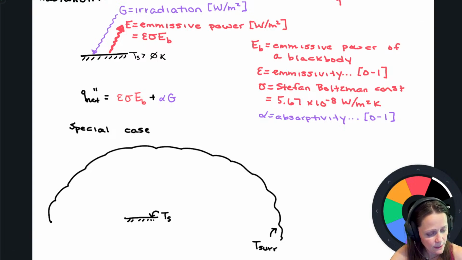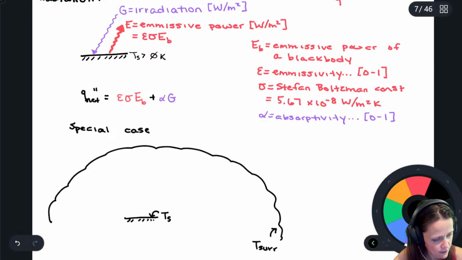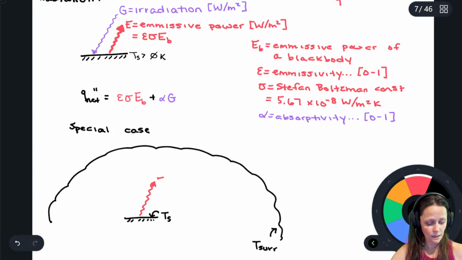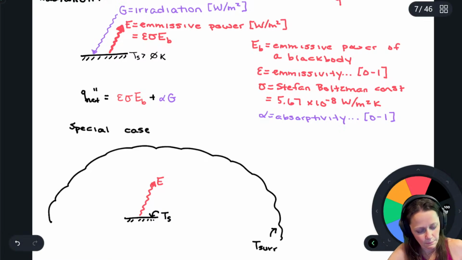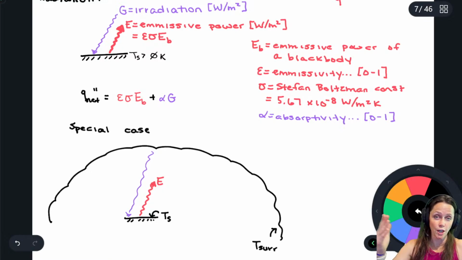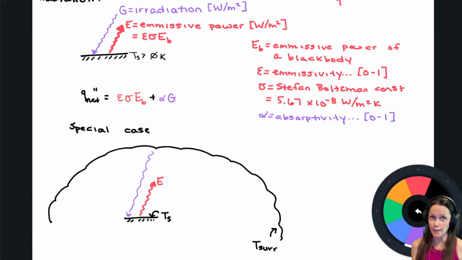And again, this surface is emitting radiation. So there's the emissive power, but because the surrounding enclosure's surfaces are emitting radiation as well, that irradiation is incident on the surface, and a portion of that is going to get absorbed.